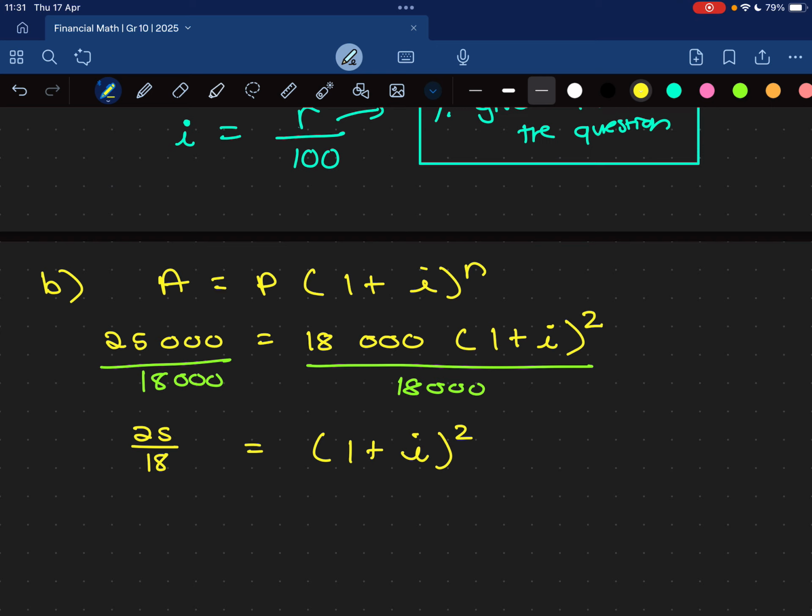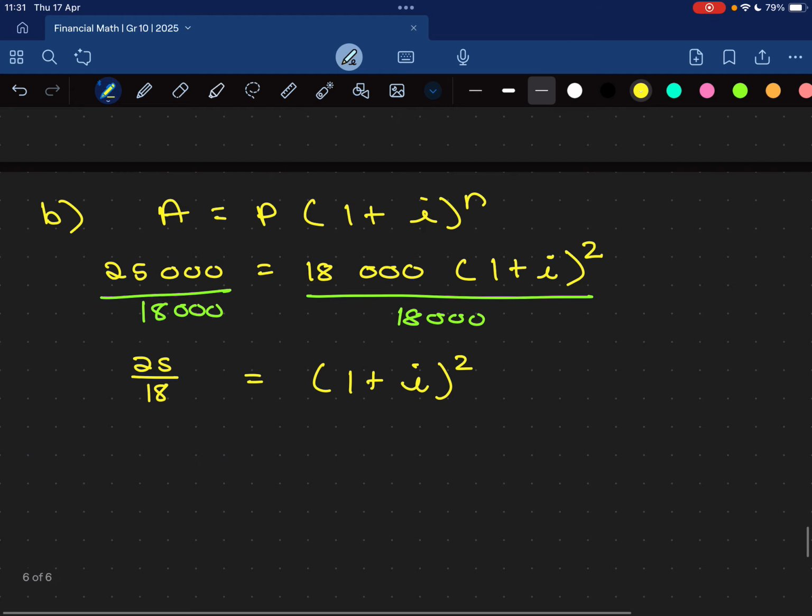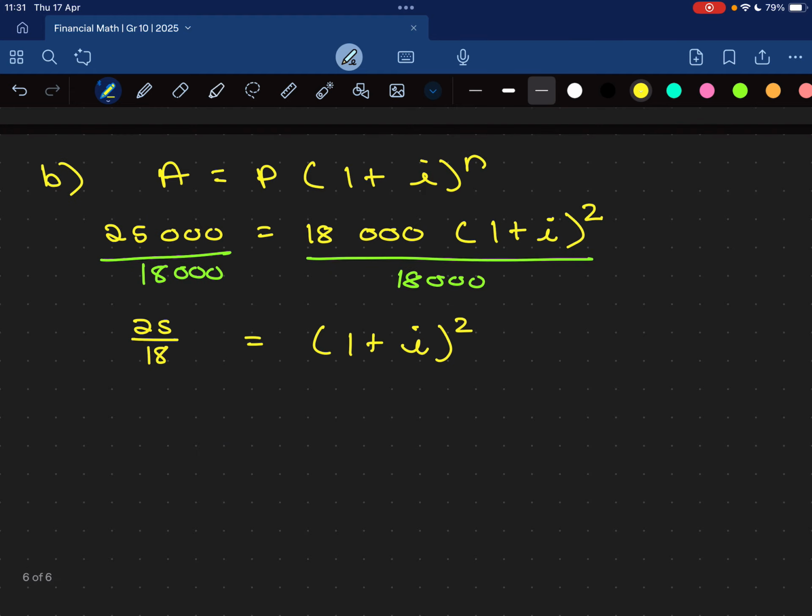Now in order for us to solve for this, we're going to have to root both sides. So by doing so, we'll have the root of 25 over 18. So we have root answer. You can leave it like this if you want to. You don't have to solve it right now.